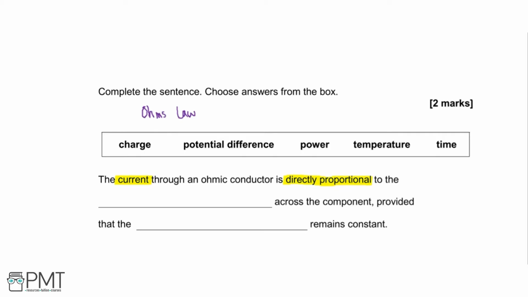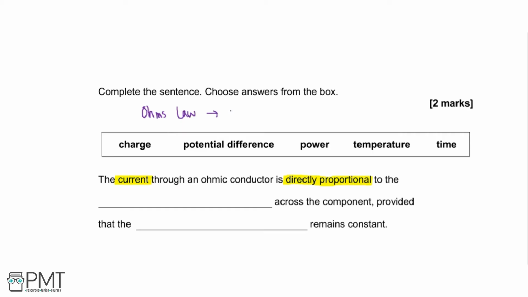An ohmic conductor is a conductor that follows Ohm's law. And Ohm's law states that the resistance of a component is constant even when its current or potential difference is changing, provided that the temperature of the component remains constant. So this is a law that we need to remember, and our understanding of this allows us to answer the question.